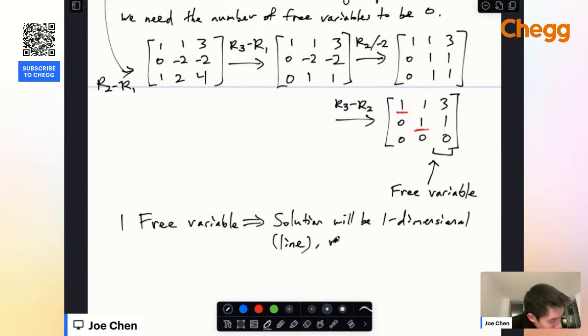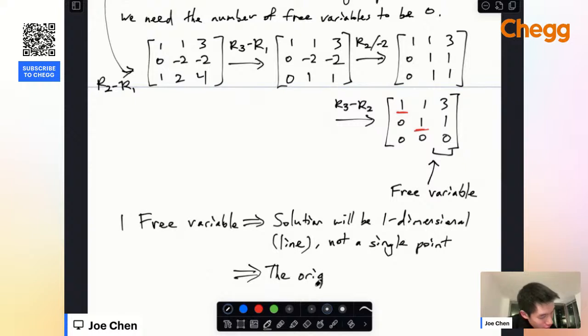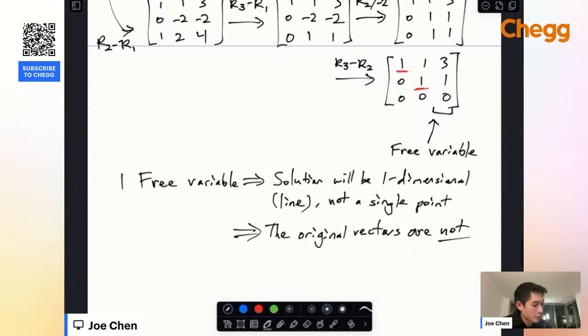And namely, not a single point, which implies that the original vectors are not linearly independent.